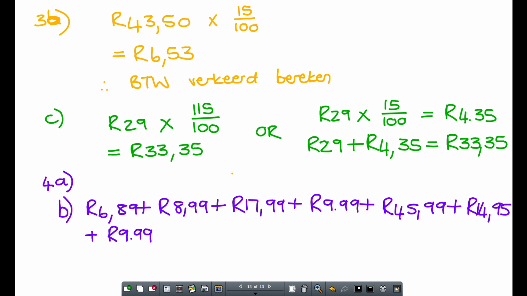And if I go and add up all of that, you should get R114,79. Okay, any questions there? Right, let's see, they're asking you, use calculations to check if that is correct.